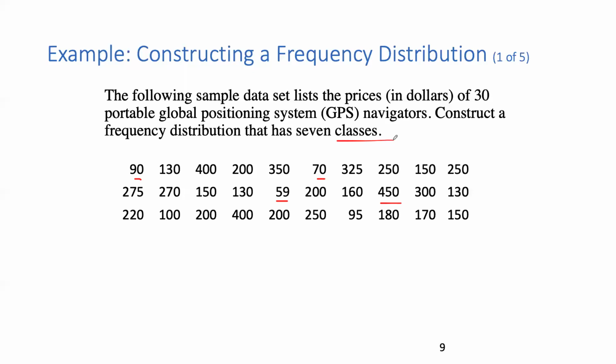We can divide up the entire data set and sort it into classes. Now I've arbitrarily chosen to divide it up into 7 classes. Generally speaking, as a statistician, you can make a judgment call of how large a class size should be. But for the sake of argument, let's say I want to divide up this entire data set into 7 different classes.